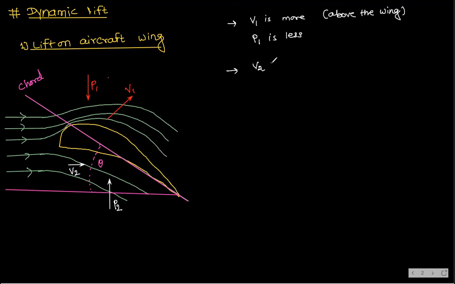Now P2 is more, that is below the wing. As the velocity is less below and the pressure is more, that's why it will get lifted up.